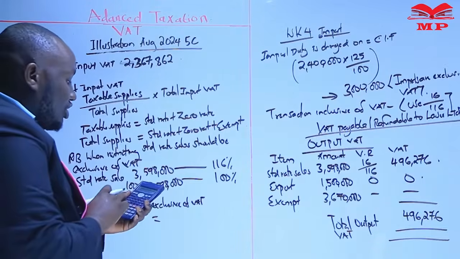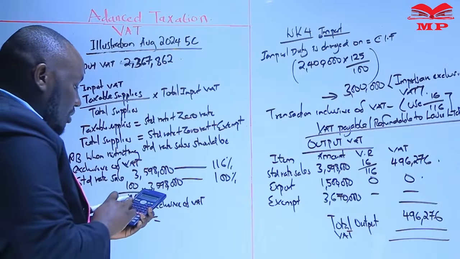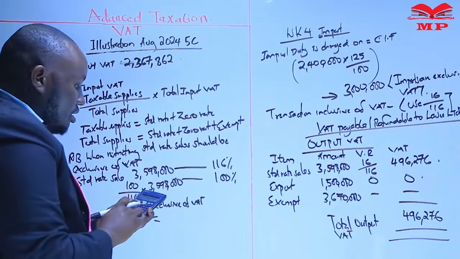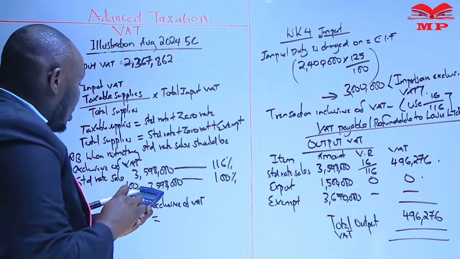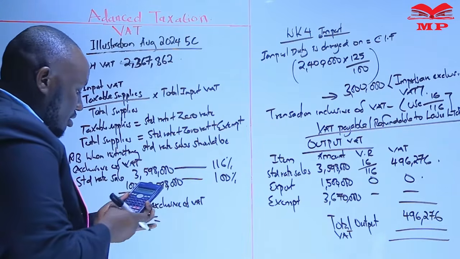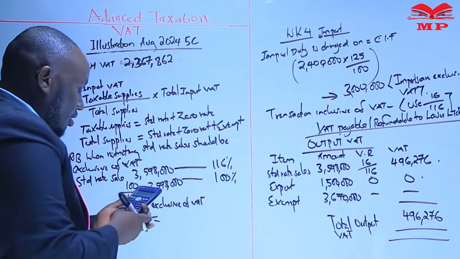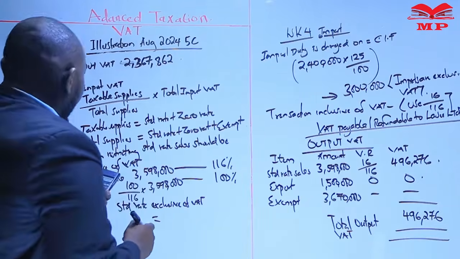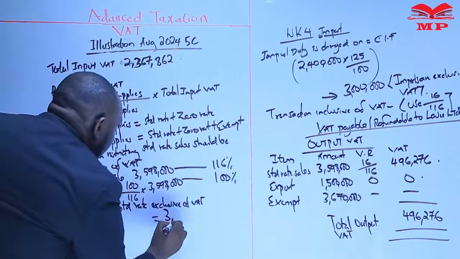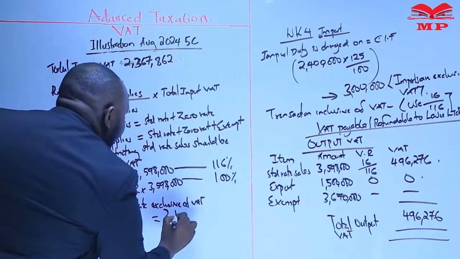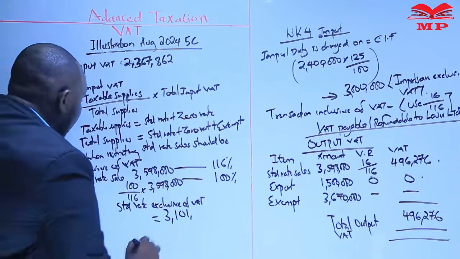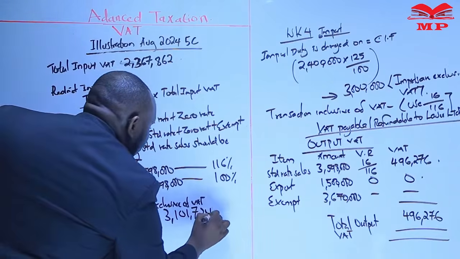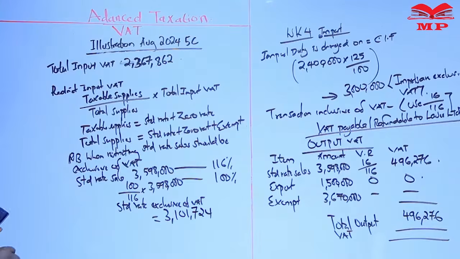That should be 100 divided by 116, then we multiply by 3,598,000. We have a figure of 3 million, we round it off, 3,101,724 as the standard rate exclusive of VAT.